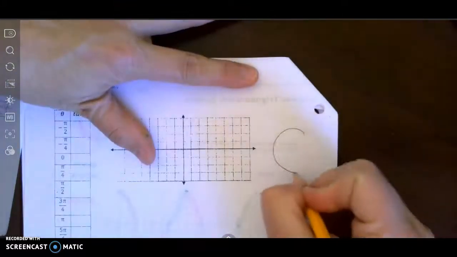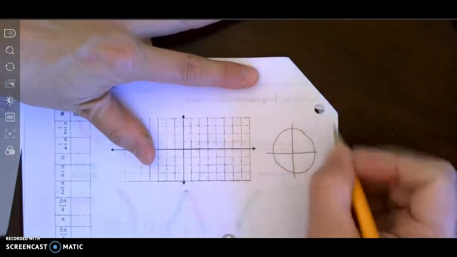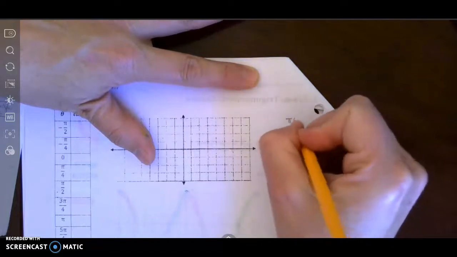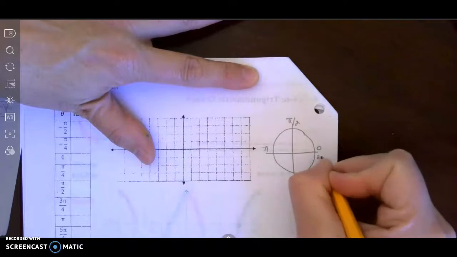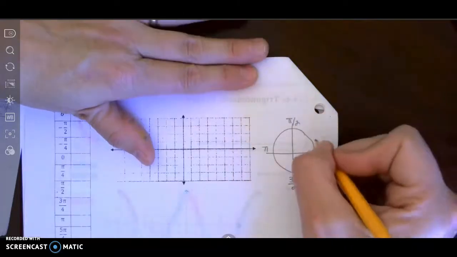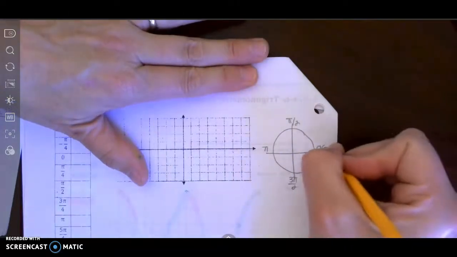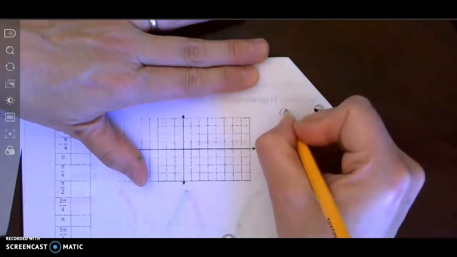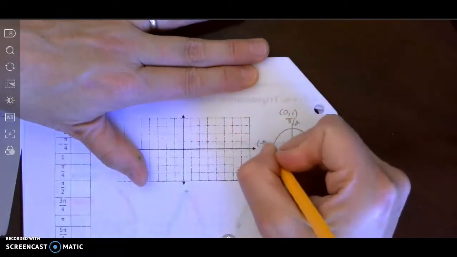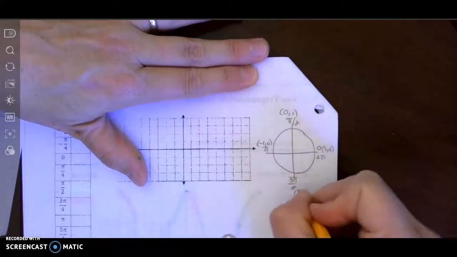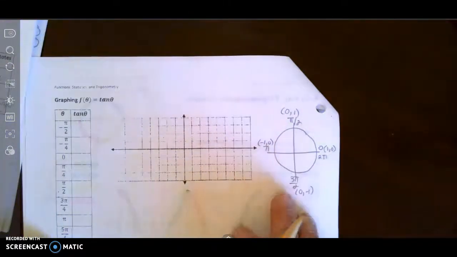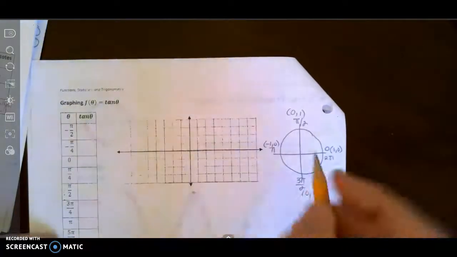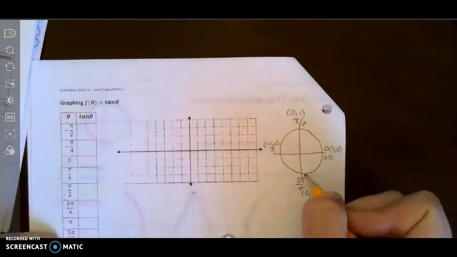So now we're going to do this for tangent, and we need to remember that tangent is sine over cosine. So it's always going to be the y coordinate over the x coordinate. So let's look at tangent. Negative pi over 2, that would be down here.